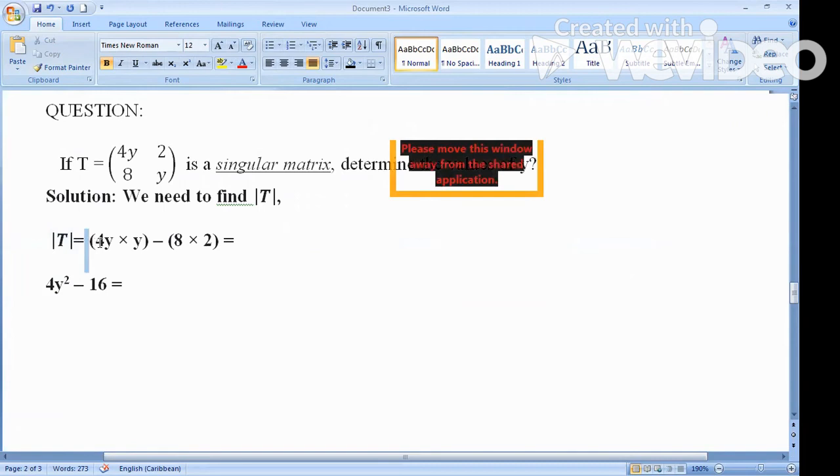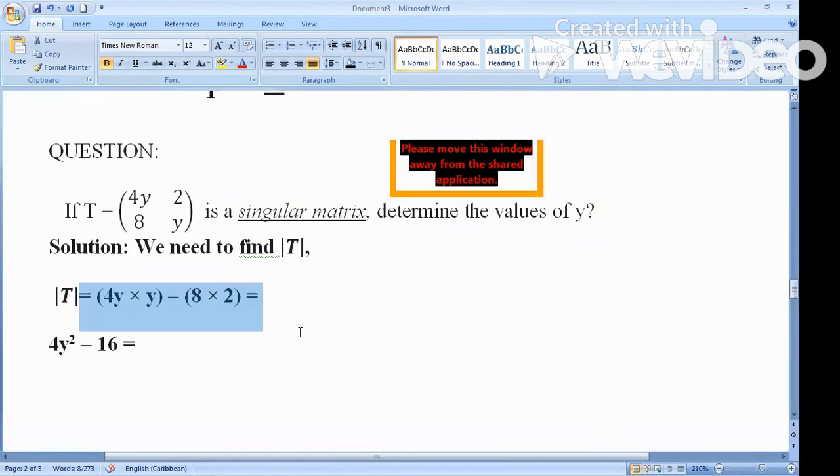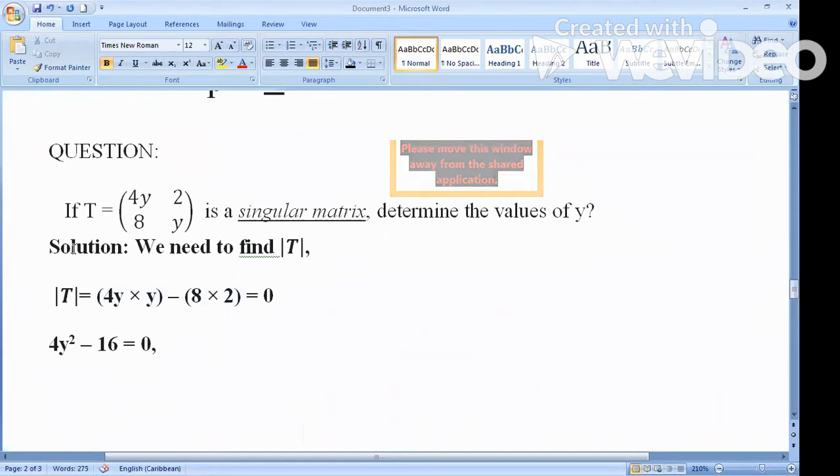What is all of this equal to? 0, because it is a singular matrix. So this is also equal to 0. All right. How do I solve this?